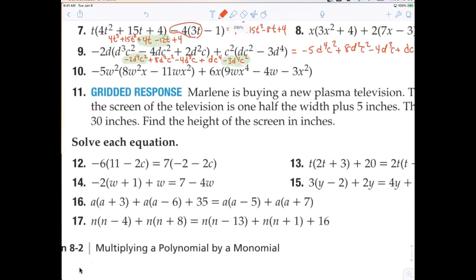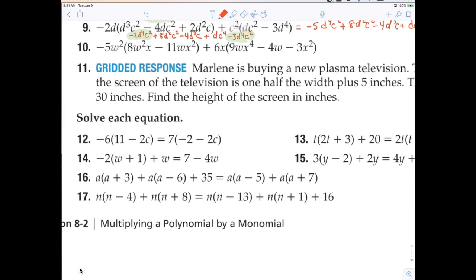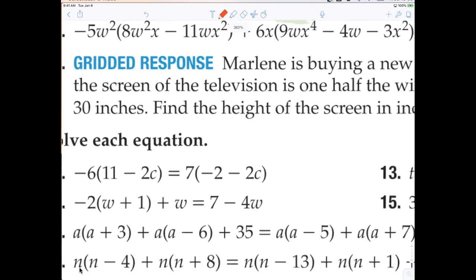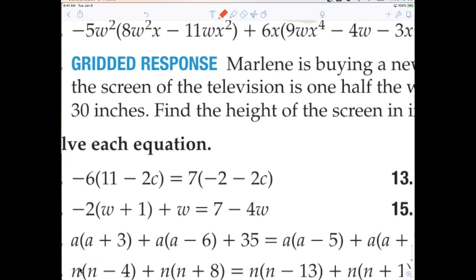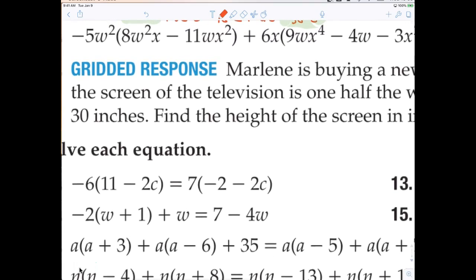All right. Who's going to volunteer on number 10? Help me out. Give it a shot. Negative 40w to the fourth x, plus 55w to the third x squared.